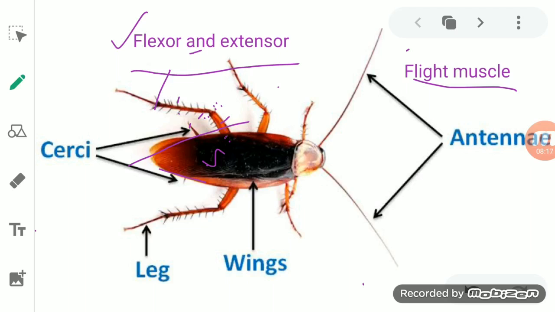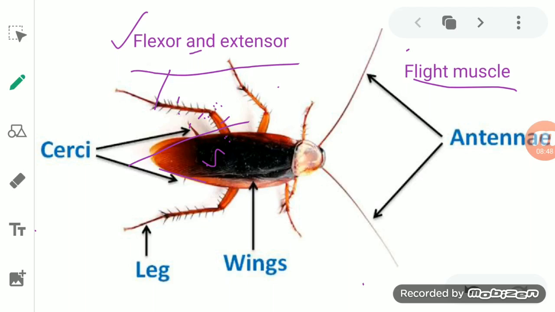By pushing the air downward and backward, the air makes it move upward and forward, due to which the cockroach keeps flying.